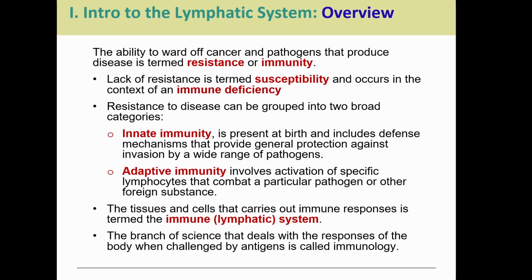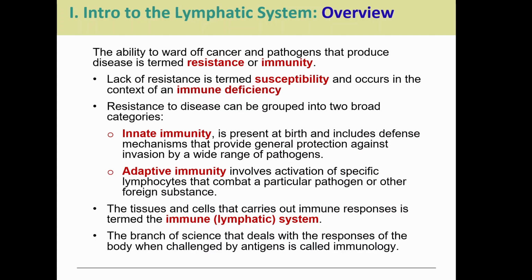So when we're talking about immunity and resistance, we're talking about the body's ability to fight off cancer and pathogenic cells, as well as things like viruses, right, and whatnot. So it doesn't mean that it doesn't get into your body or anything. It just means your own body's ability to fight it off.